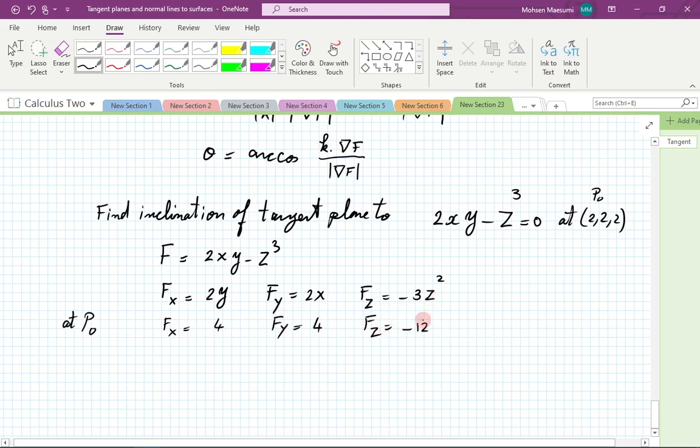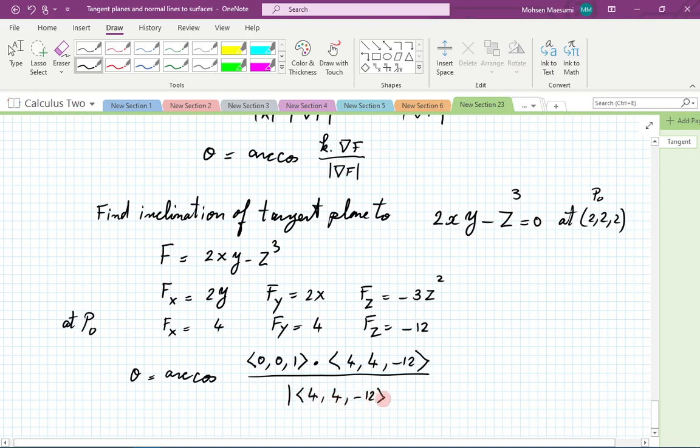Is that right? Now theta is going to be the arc cosine of, remember, k = (0, 0, 1) dotted with the gradient (4, 4, minus 12), divided by the length of (4, 4, minus 12).